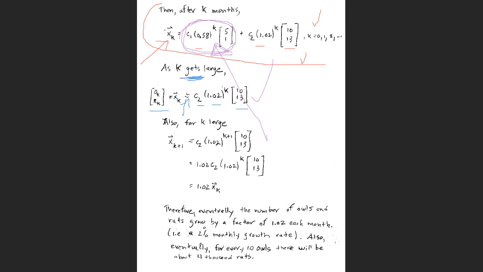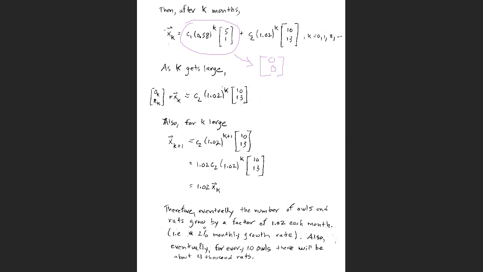In other words, what we're saying here is this vector term approaches the vector 0, 0 as k approaches infinity.